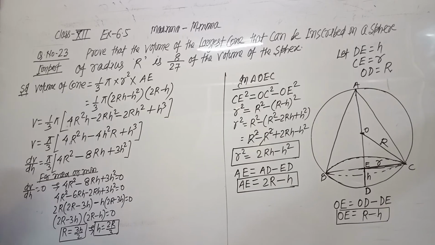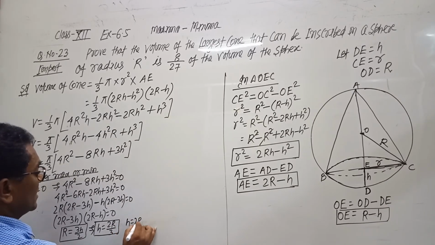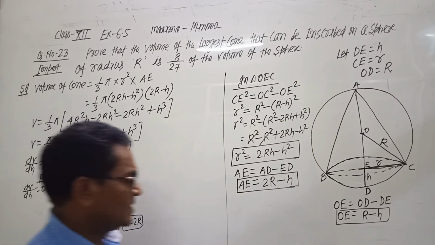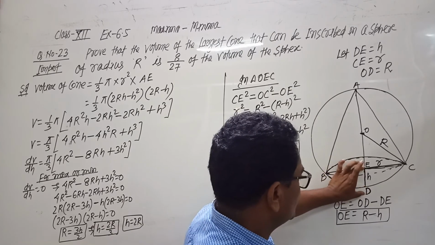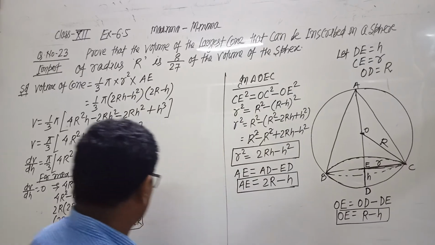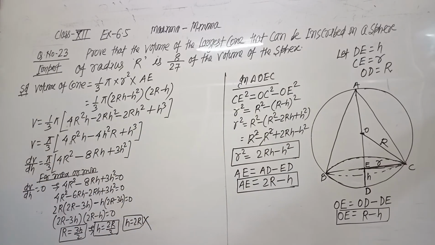And from the other expression, we get h equals 2r. Practically this is not possible. H can't be equal to twice the radius. So we neglect this value and we take h equals 2r by 3.